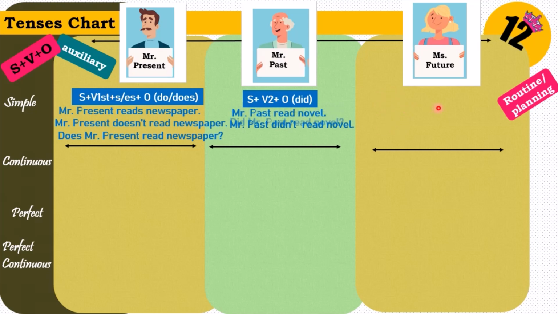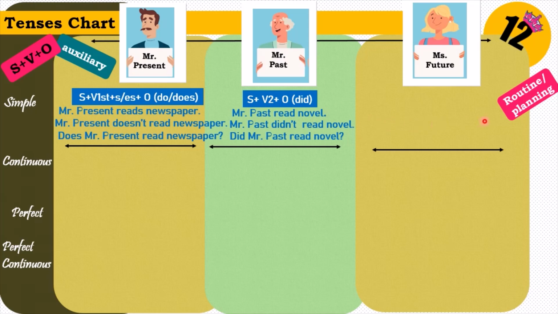Coming towards the interrogative sentence, did Mr. Past read novel? So in this sentence we have placed did in the initial position. So it would sound like Mr. Past read novel. Mr. Past didn't read novel. Did Mr. Past read novel?